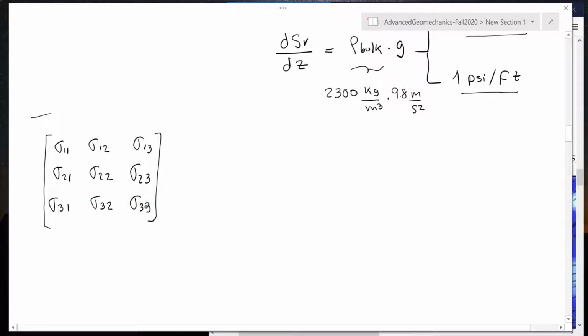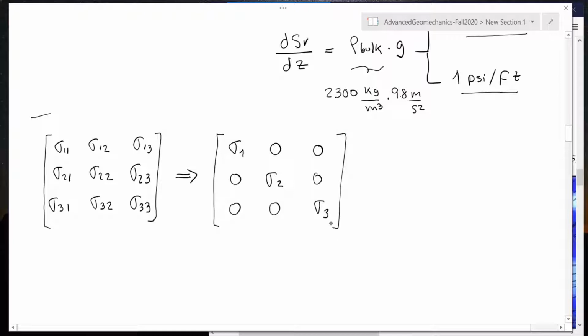And if we say this is a symmetric matrix and it's populated with all real numbers, then we're going to be able to find the principal values or the eigenvalues, and we denote those with sigma 1, sigma 2, and sigma 3. Notice that we just use one index to denote the principal stresses, opposite to the general stress tensor in which we use two indices.